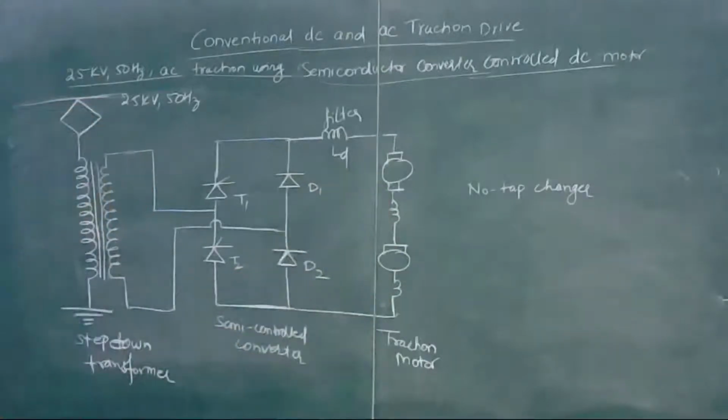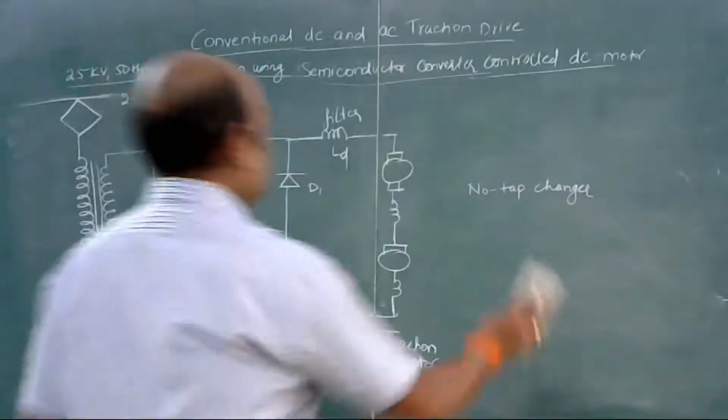Okay, so you can also use this separately excited DC motor. Okay, so what are the advantages of using this type of power circuit?